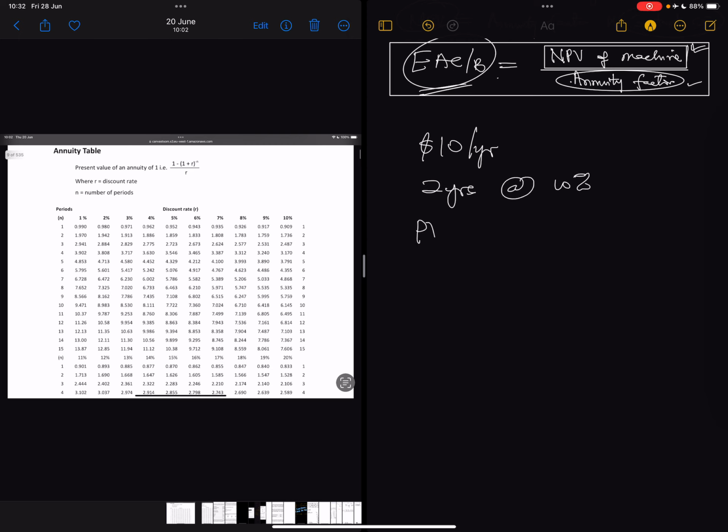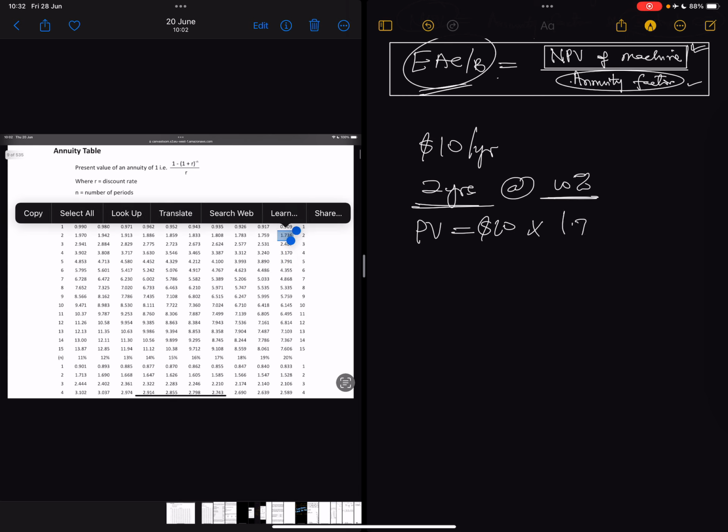Remember, the PV of this cash flow equals the $10 you get every year multiplied by the annuity factor over 2 years at 10%. And the annuity factor at 10% over 2 years is 1.736. So which equals 17.36.